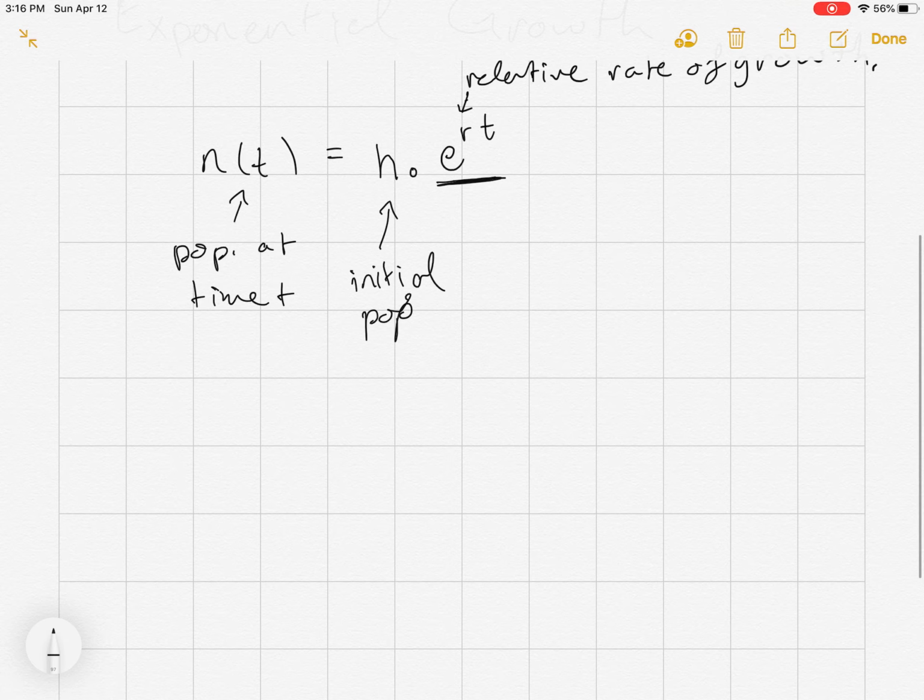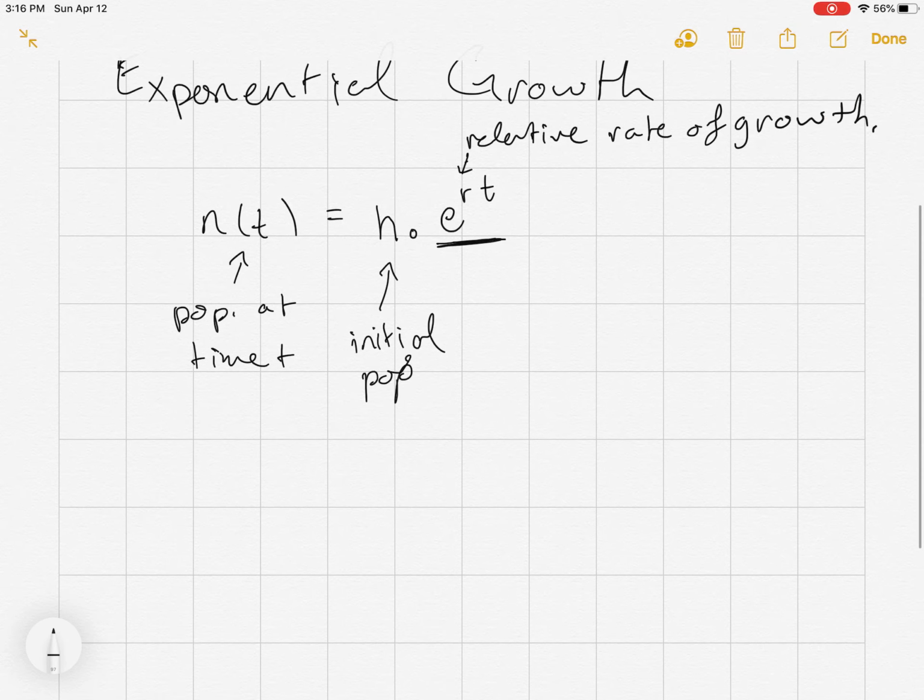So let's talk about this relative rate of growth for a second. Sometimes it will just be given to us, and other times we're going to have to find it.